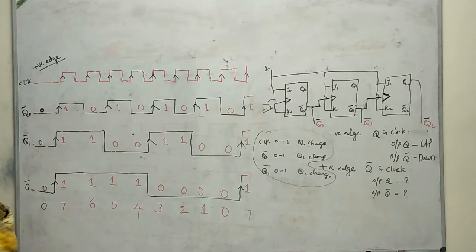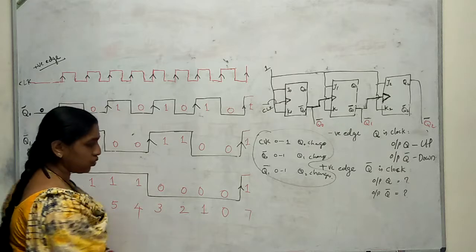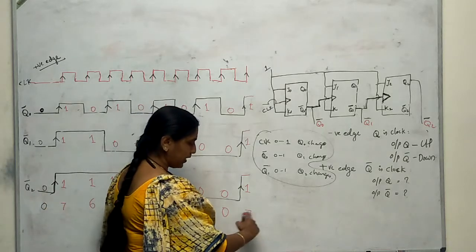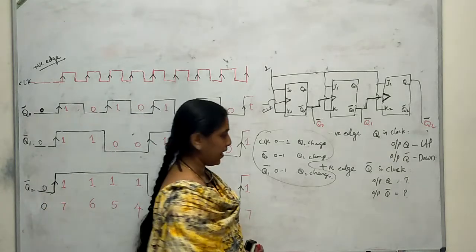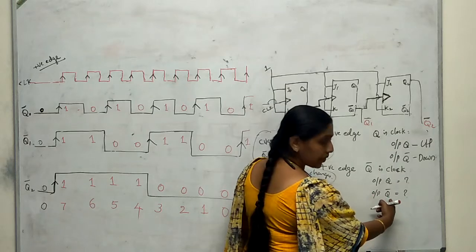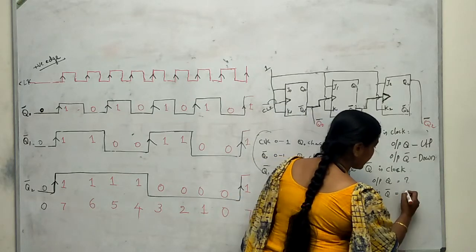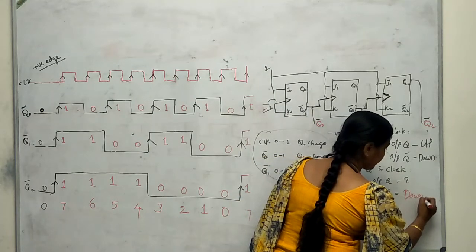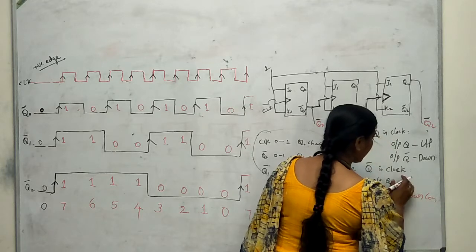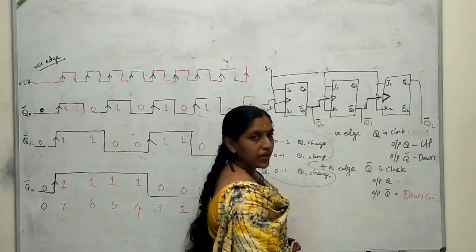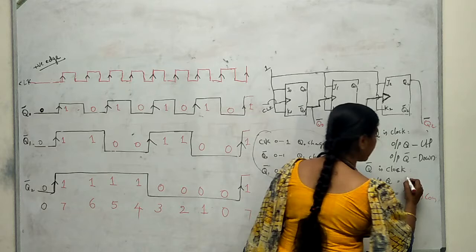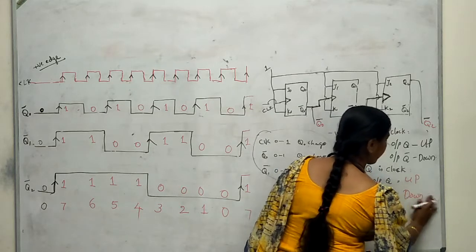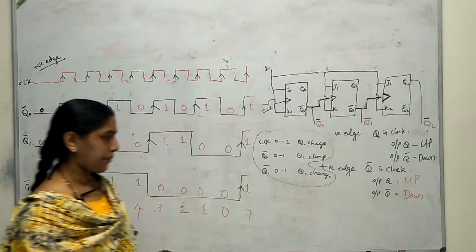Initially it was 0, but suddenly it went to 7, 6, 5, 4, 3, 2, 1, 0, and then again starts counting from 7. So when you take output from Q bar, it will work as a down counter. And if you take output from Q, it will work as an up counter.